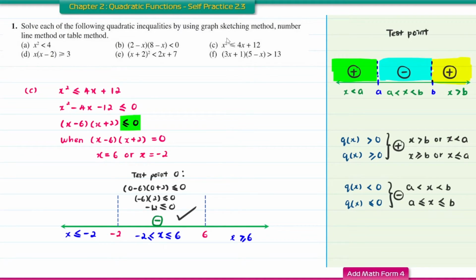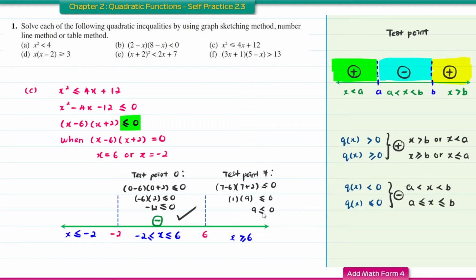Now, let us try to do the test point for the other regions to see the result. So let's say I do a test point for this region. So x is greater than or equal to 6. So I'm going to use number 7 for this region as the test point. So 7 minus 6, 7 plus 2 less than or equal to 0. So here this one is going to be 1. This is going to be 9. So if I multiply it, I'm going to have 9.